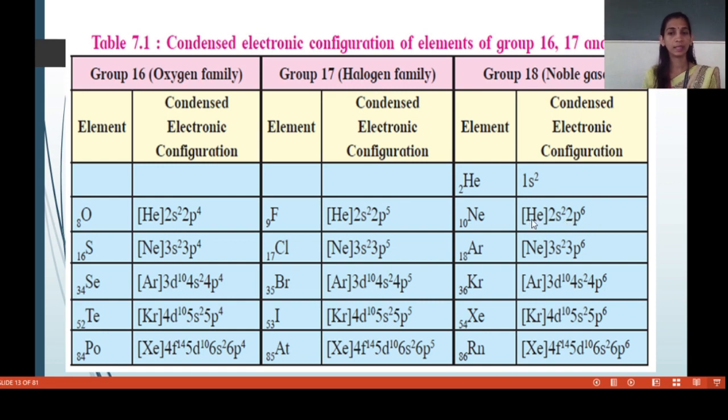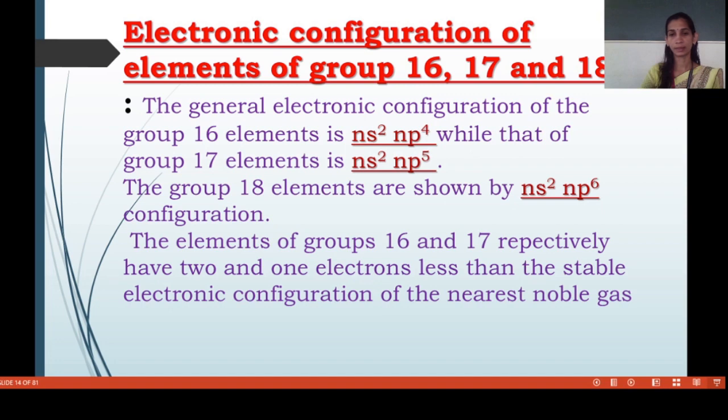Argon is 3s2 3p6, krypton 4s2 4p6. So all the elements of group number 18 except helium contain 6 electrons in their p subshell. The general electronic configuration of group number 18 is ns2 np6.